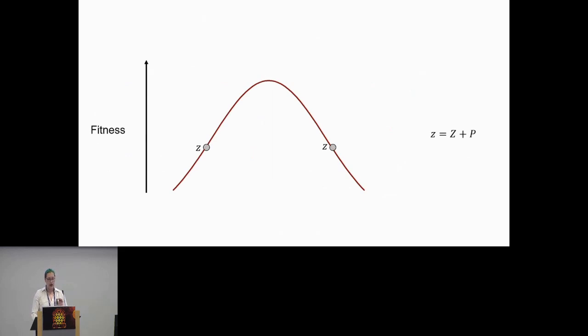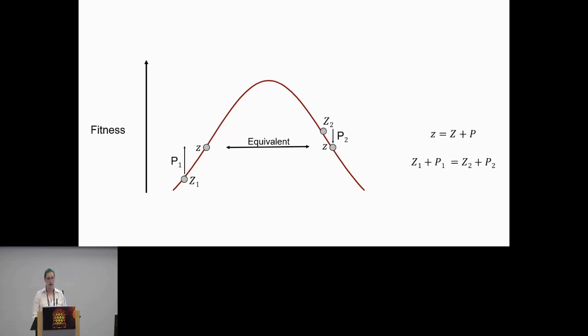Well, if we look at a 2D landscape here, we have 2 points labeled Z. Now these have equivalent fitnesses because they have the same elevation. So there's already 2 points on this landscape that would give us the same results. However, additionally, Z is made up of 2 parts, Z1, as shown here, and P1. The combination of them gets us to that fitness. However, we can also have a combination of Z2 and P2, which gets us to the same fitness.